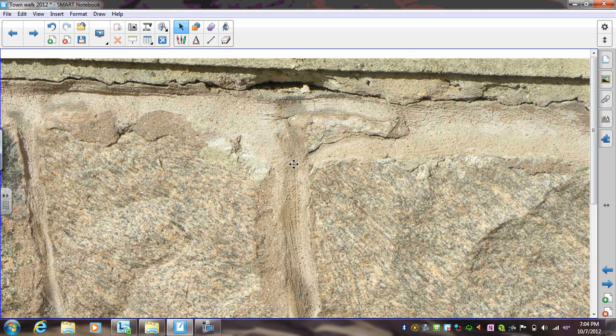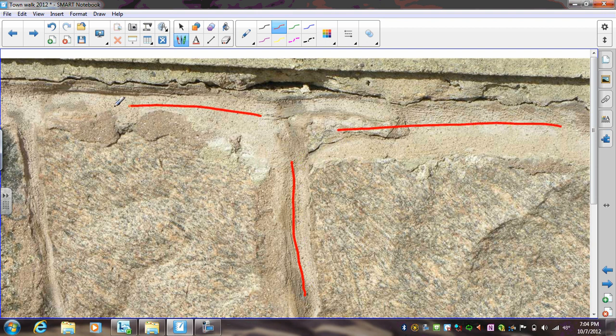The stuff that's in between here, this is mortar. Maybe I can try to write on that a little bit. Okay. So this stuff is mortar, and that's not what you need to worry about. But the rock in between the mortar is what we're making observations of.